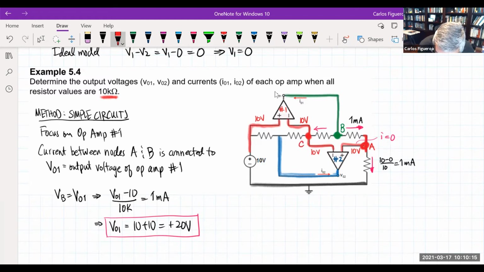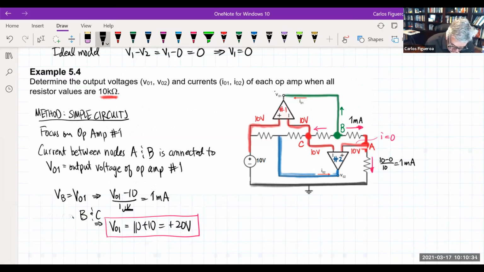So then the node between B and C tells me that I have a current going that way. Well, you can see that if this current in this branch, do I know what that current is? I don't. But I can calculate the current between B and C here.